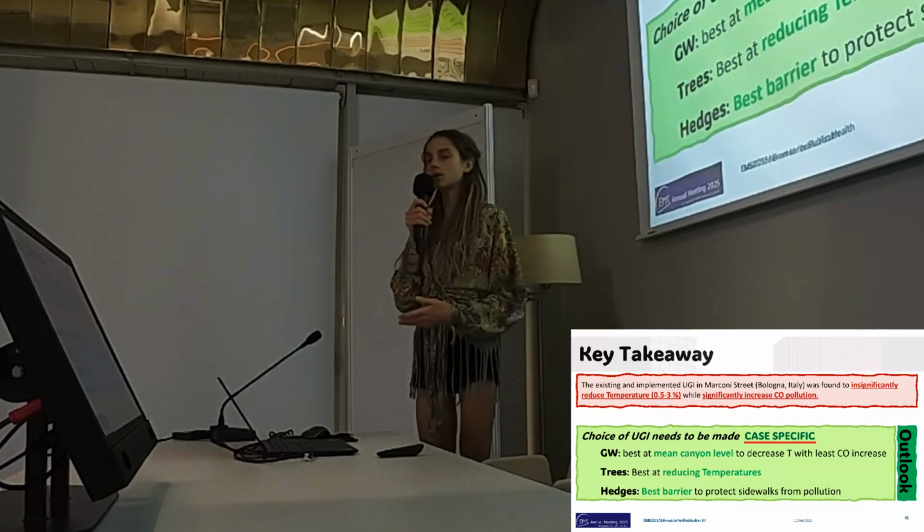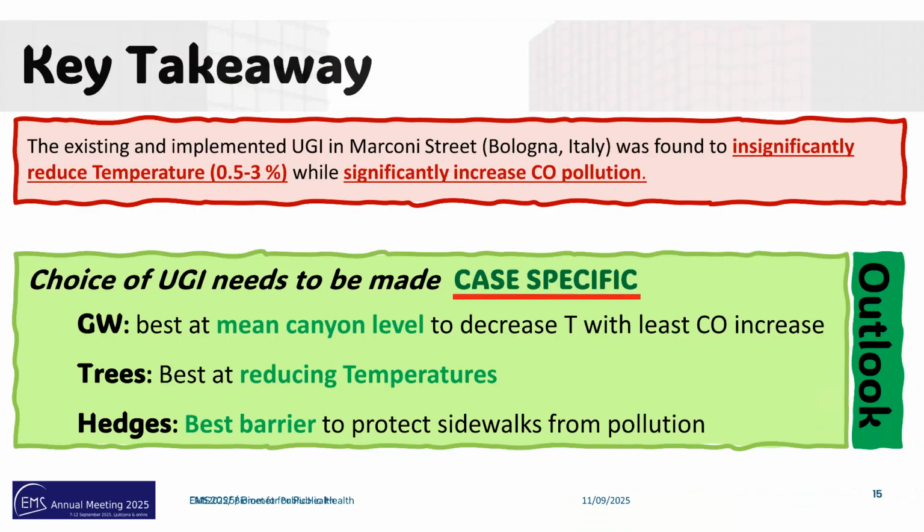And it's also good for mental health to walk under them. And thirdly, hedges might be best next to a big railway to serve as a barrier. So it's very important to choose urban green infrastructure carefully, case specific, and also to analyze the situation to really understand how ventilation goes.